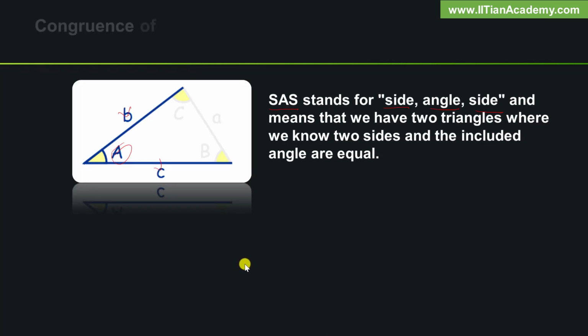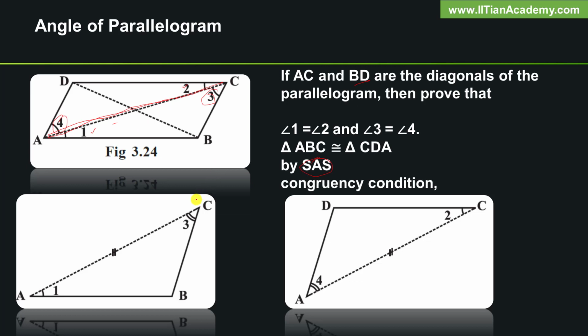Hence, here, these two triangles are congruent. Since triangle ABC and triangle CDA are congruent, angle 1 equals angle 2 and angle 4 equals angle 3.